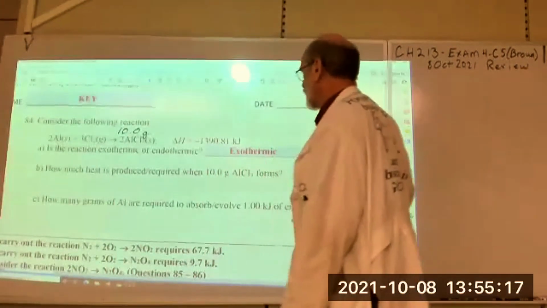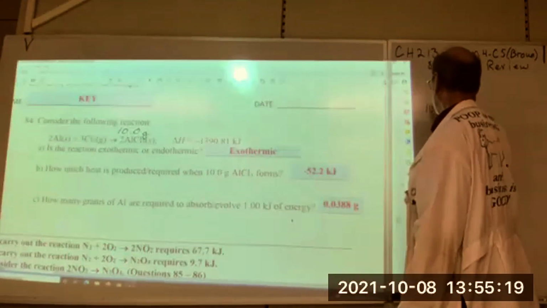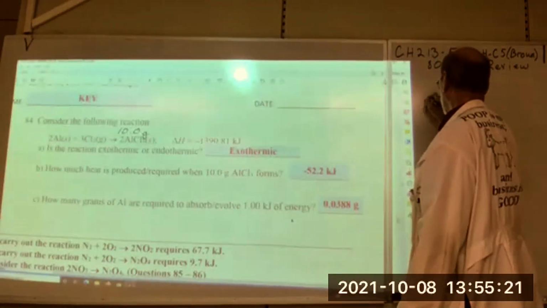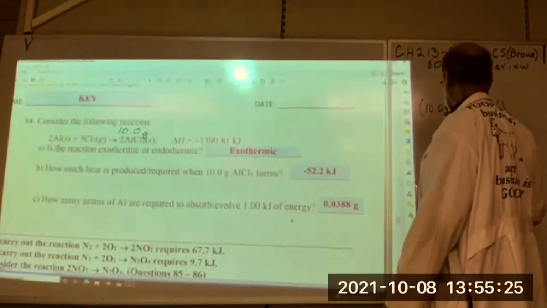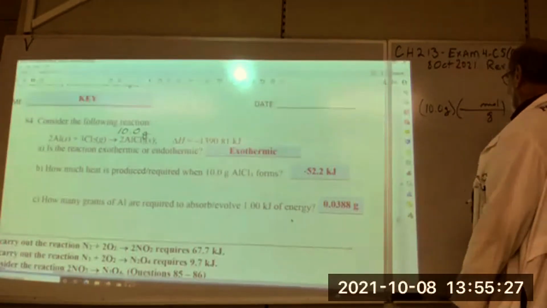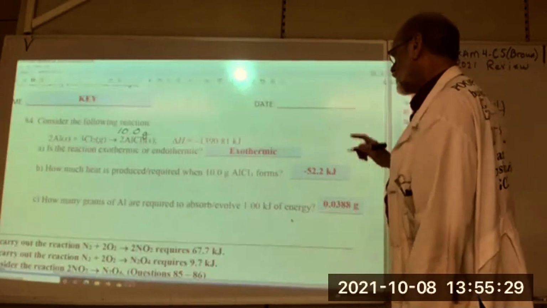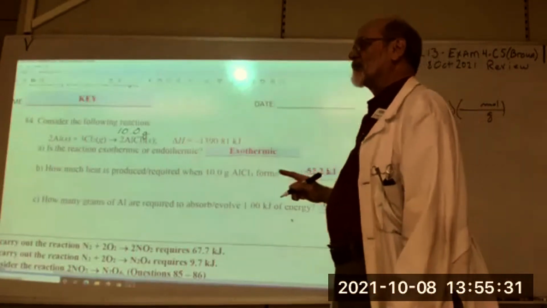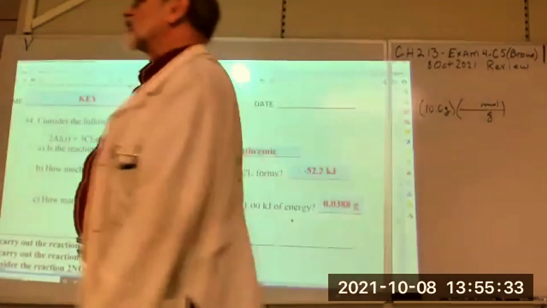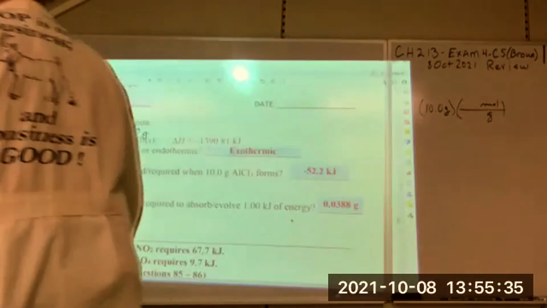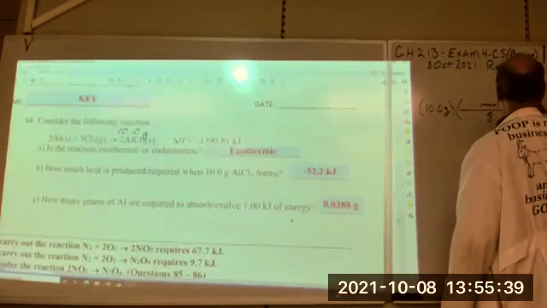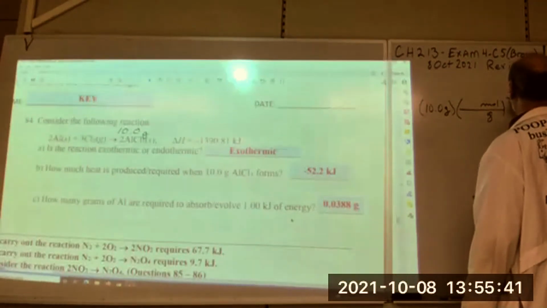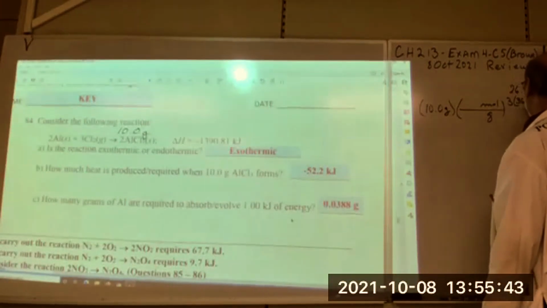How many moles of aluminum chloride is formed? Okay. So 1 aluminum and 3 chlorines. Aluminum is 26.98. So aluminum is 26.98. And 3 chlorines, 35.45.